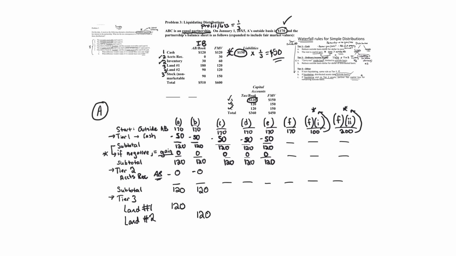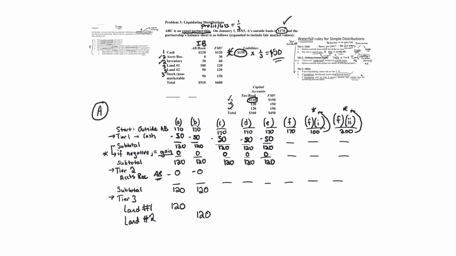Notice in land 1, land 2 for the partnership, very big differences in the inside basis and the fair market values. But we don't care. We give whatever's left to the partner. That's how it works. Now, if you're looking at tax planning and tax elements, which land, land 1 or land 2, would the partner rather have, just from a tax standpoint?